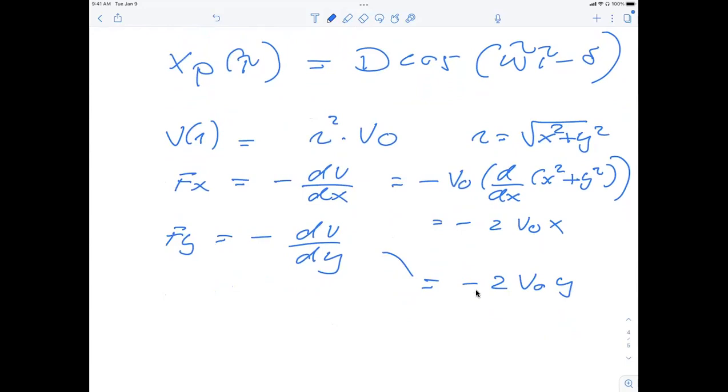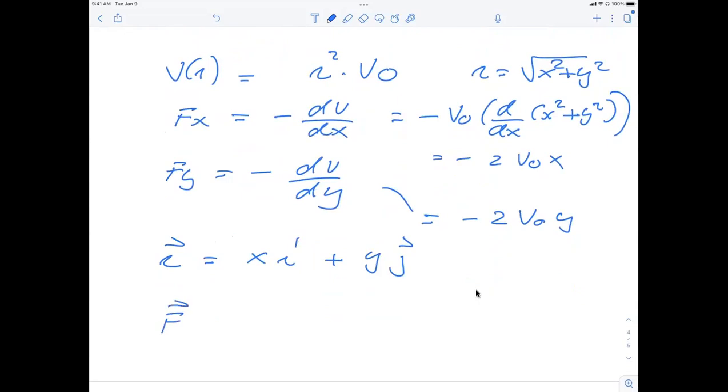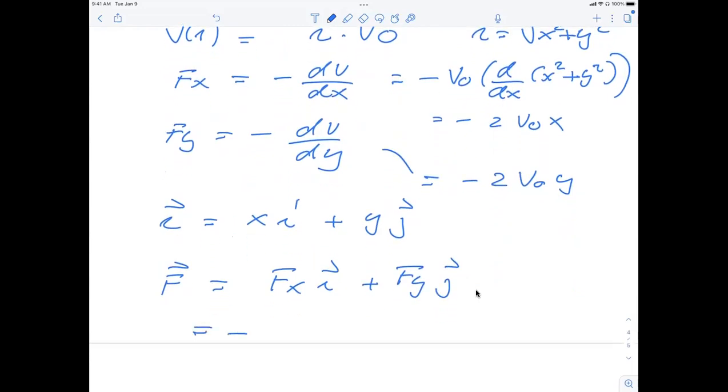So how do I translate that into the vector r? Because remember that the potential is a scalar, the acceleration is a vector. So, because we are taking the gradient, and if we now remember that r is equal to x times i plus y times j, then you see that the force, which is equal to f of x times i plus f of y times j, becomes equal to minus v0, and then I have x i, and there's a factor of 2 here, plus y j, like that.